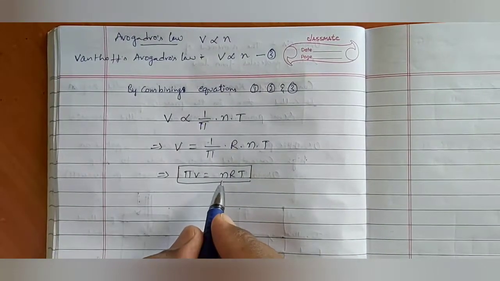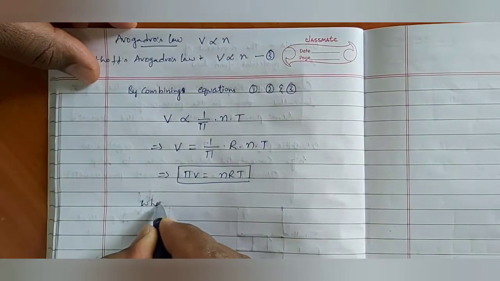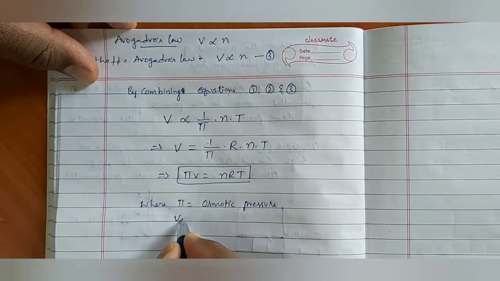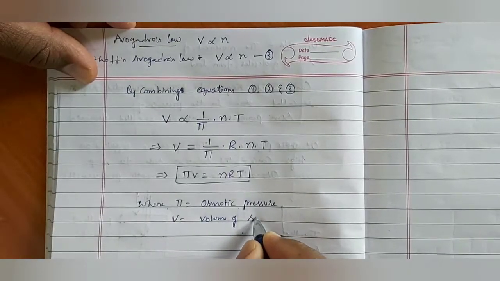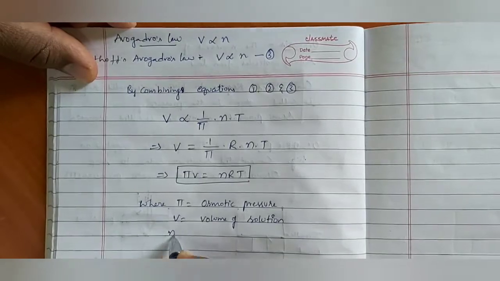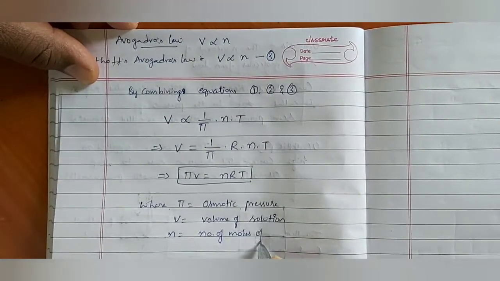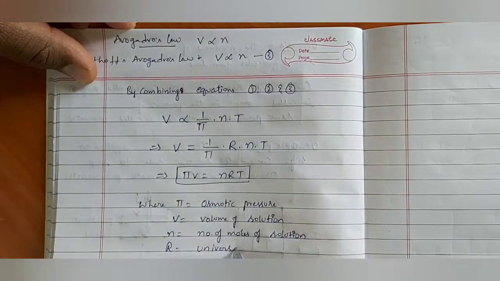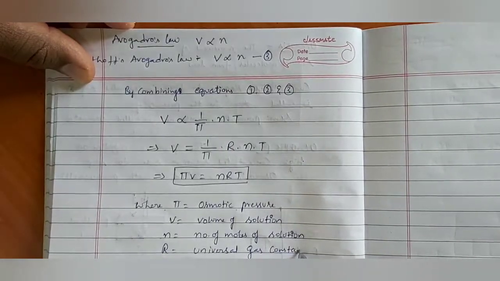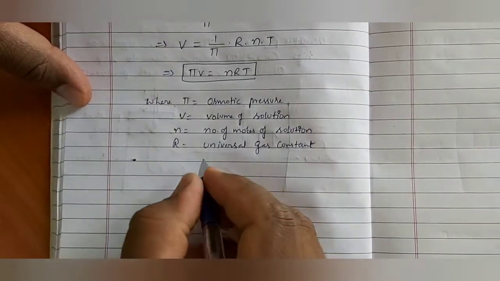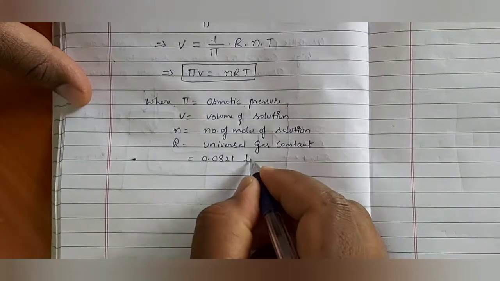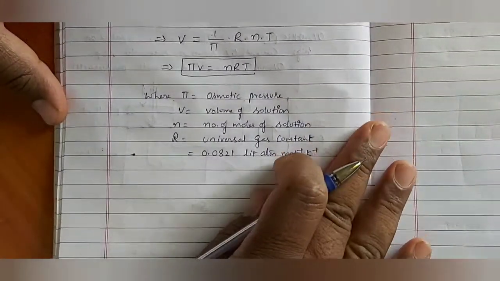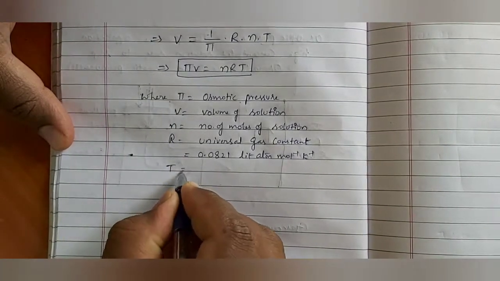Like that, here also, pi V is equal to nRT, where pi is the osmotic pressure, V is the volume of solution, n is the number of moles of solute, R is the universal gas constant, and its value is 0.0821 liter atmosphere per mole per Kelvin. Capital T is the temperature.